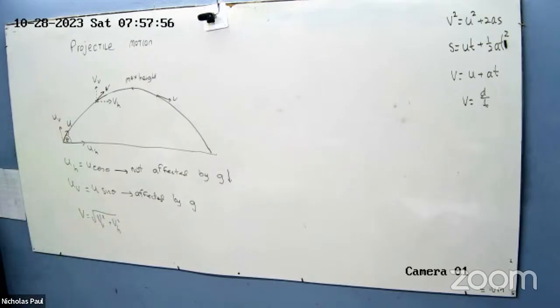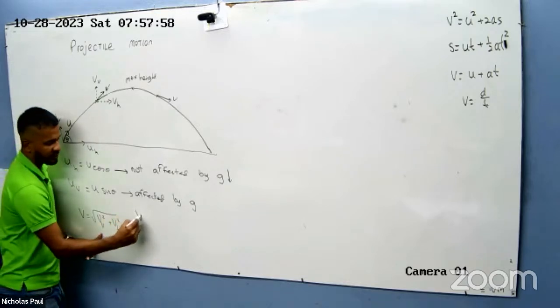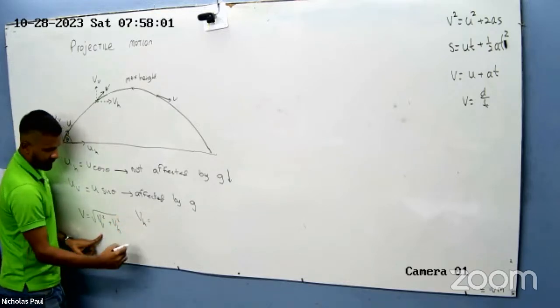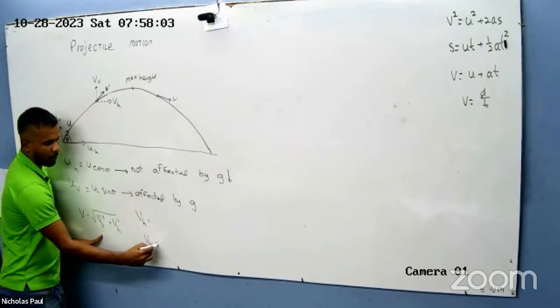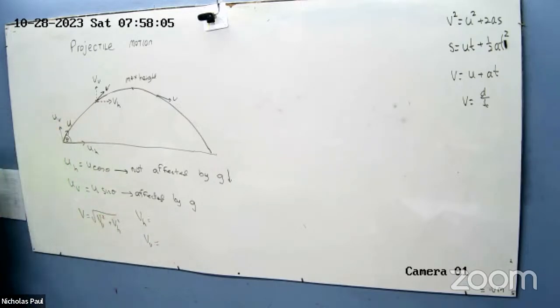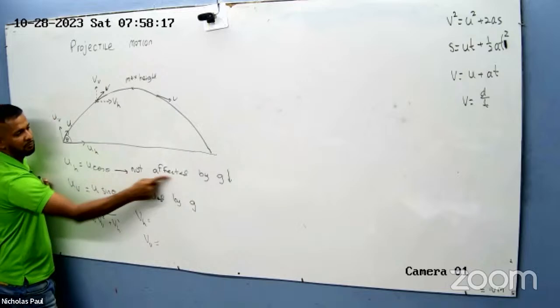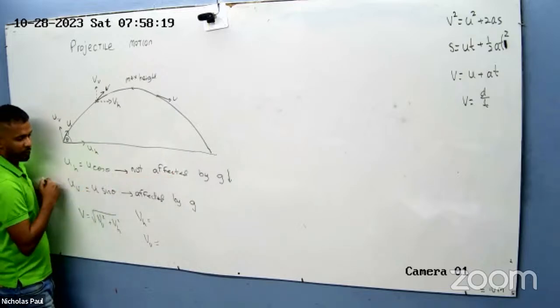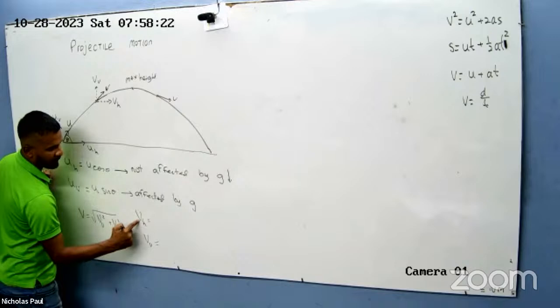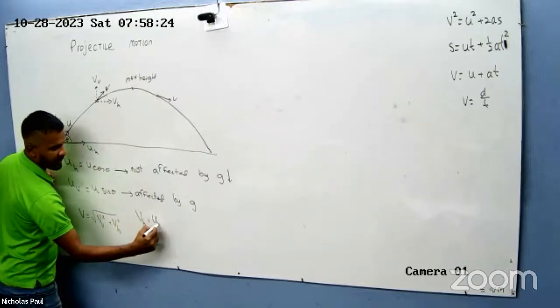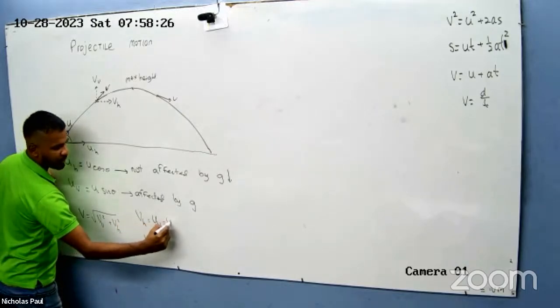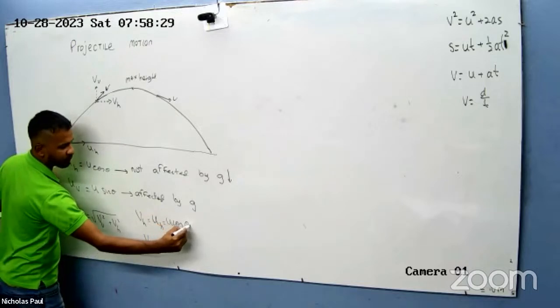But again, we still need the horizontal velocity and the vertical velocity. What did we just say about the horizontal velocity? It's not affected by gravity, so it'll be the same all the time; nothing is affecting it. Therefore, the horizontal component of velocity is the same as the initial component, which is u cos theta.